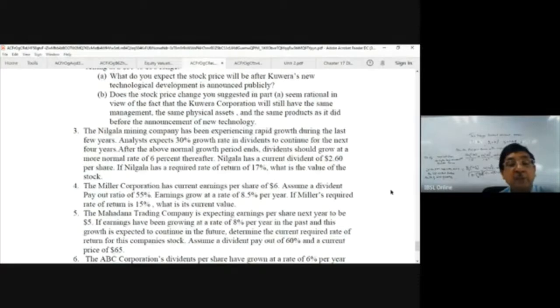Now, in the first 4 years, what happens? The growth rate is 30%, and the current dividend is 260. Then you are in a position to get the present value of those 4-year cash flows. And the required rate of return is 17%. So I just ask you to do this calculation and come up with your answer. I am asking you to do only the first 4 years.